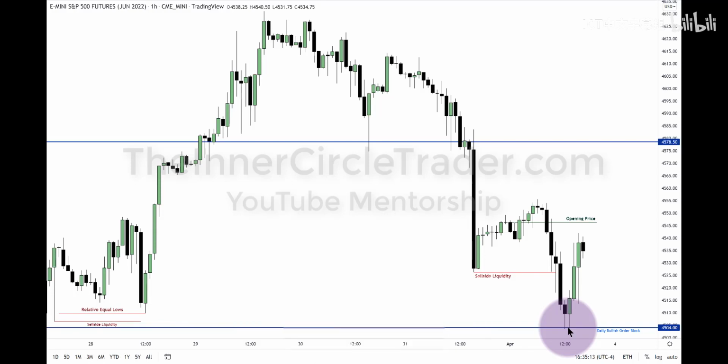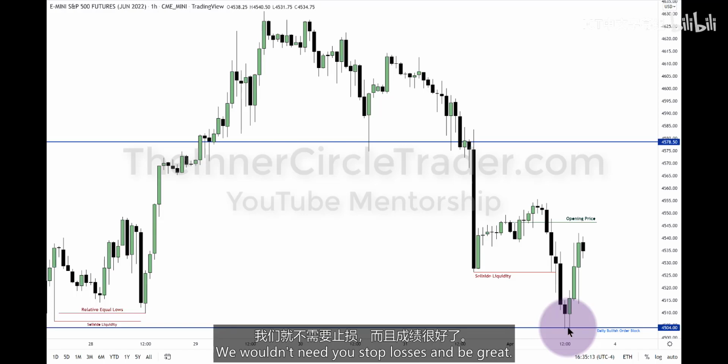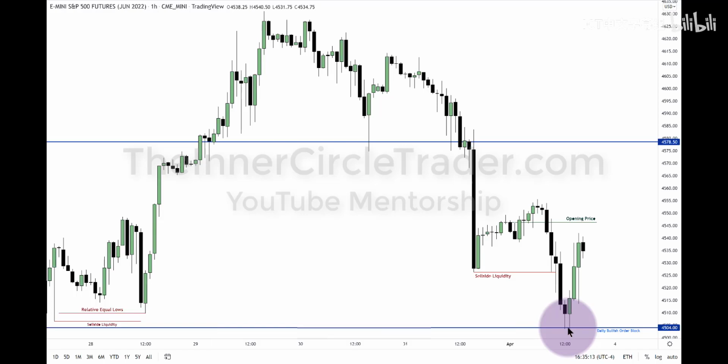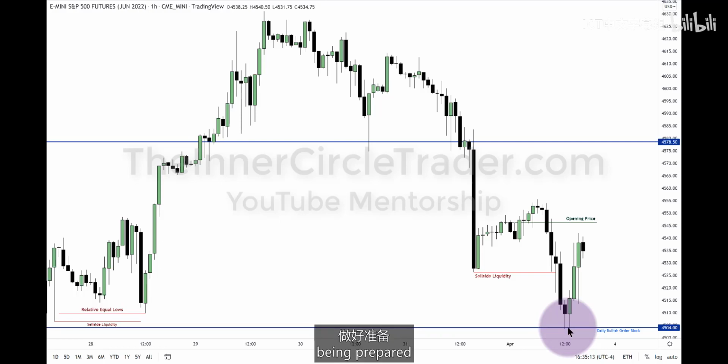So we have a lot of things coming together that draw on a great deal of probabilities. Now, probabilities are not absolute guarantees. That's not the case in trading. If that was the case, I would never take a losing trade. You would never take a losing trade. We wouldn't need to use stop losses, and it'd be great. But unfortunately, we have to contend with risk. That being the case, we have to at least build the idea around the likelihood of a scenario unfolding, but being prepared if it doesn't.